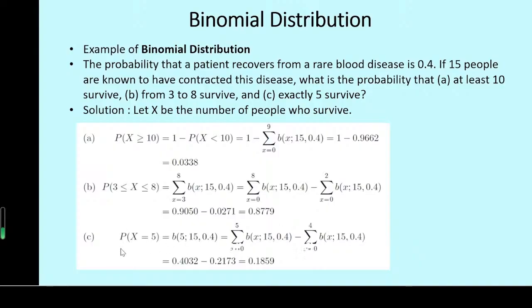And for the third question, the probability of x equals 5, from the binomial distribution we can get the sum of x from 0 to 5 minus the sum of x from 0 to 4. So the result is 0.859.